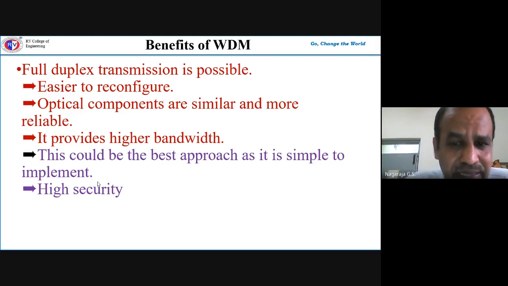It is similar to a multiplexing technique, so since you have the basic knowledge of multiplexing, it is very easy to deploy and do the things as per your need, basically. And you can also provide high security with the help of this, because you can prevent data loss by adopting optical fibers.